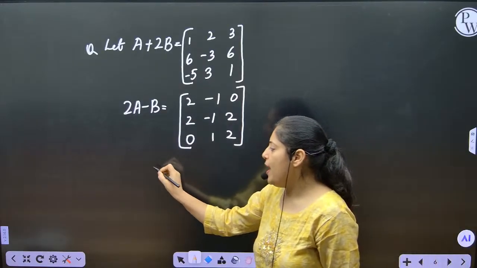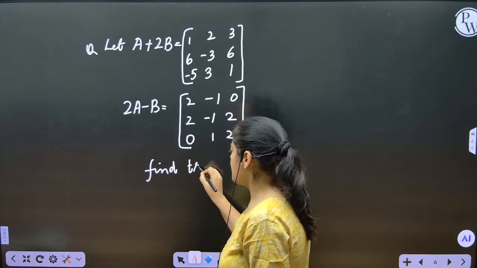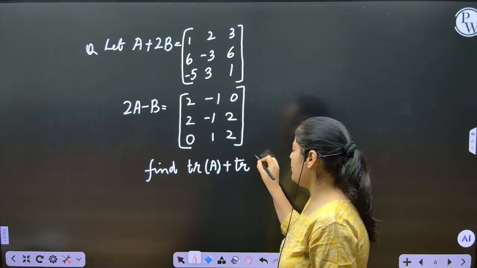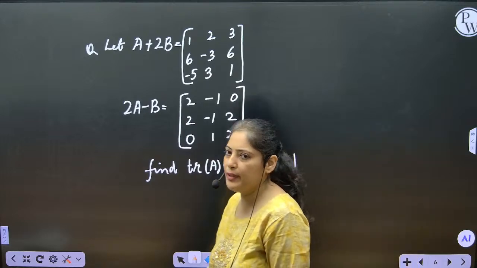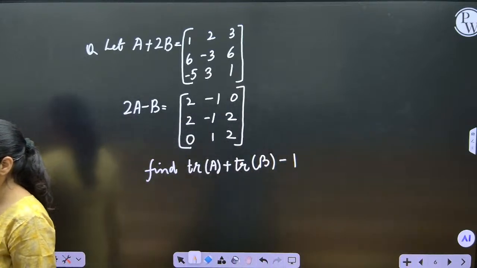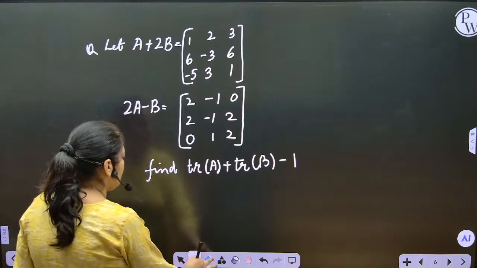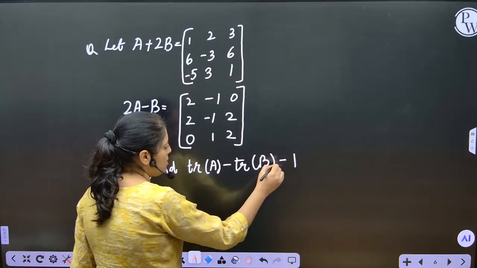We have to find trace of A plus trace of B minus of 1. This value we have to find. This is minus sign. This is plus sign.